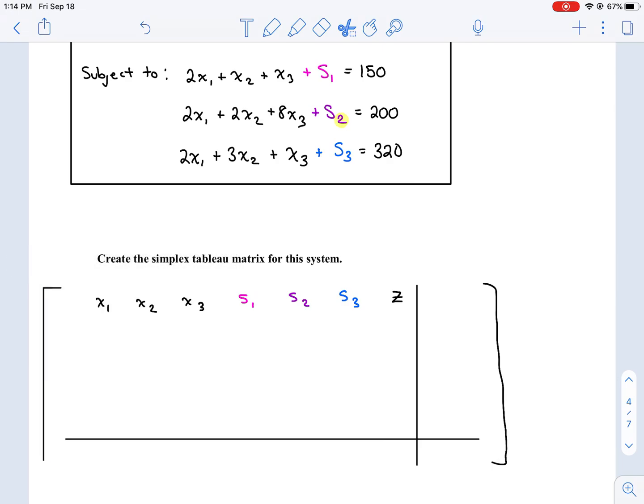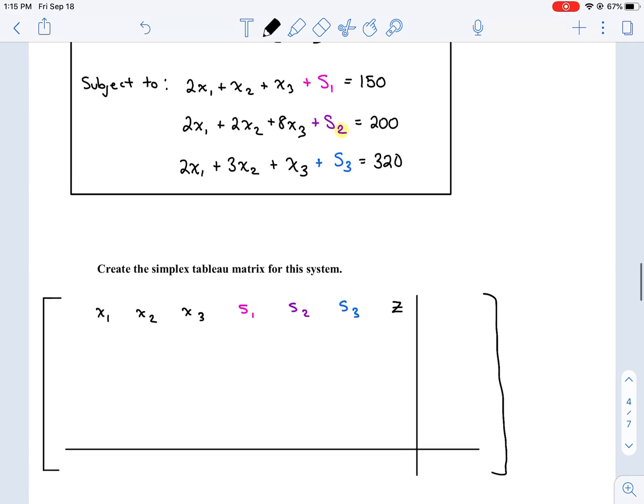Okay, so what goes in each one of these entries here? Starting with the first row, that is going to be the first constraint. So the coefficients of the first constraint are going to go into the first row. In this case, that will be 2, 1, 1, 1.